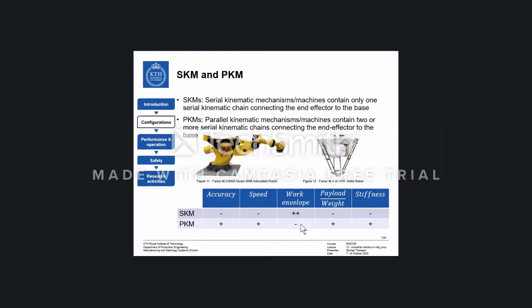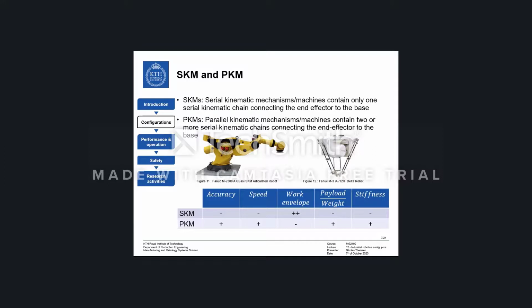So the availability of higher reach on serial kinematic mechanisms combined with the applications is what makes them much more attractive for industrial applications than, for example, parallel kinematic mechanisms.